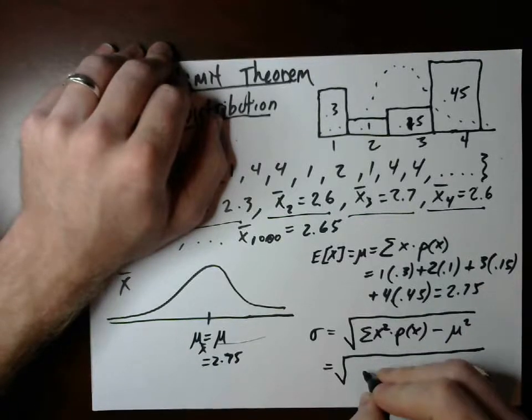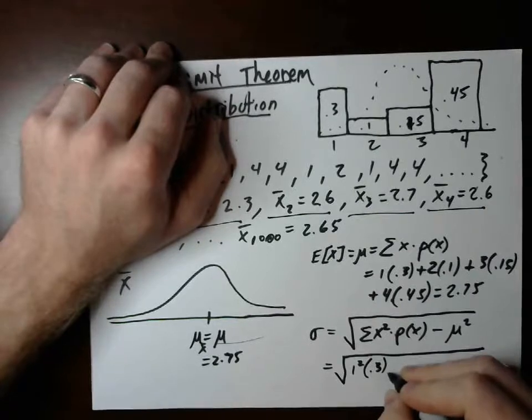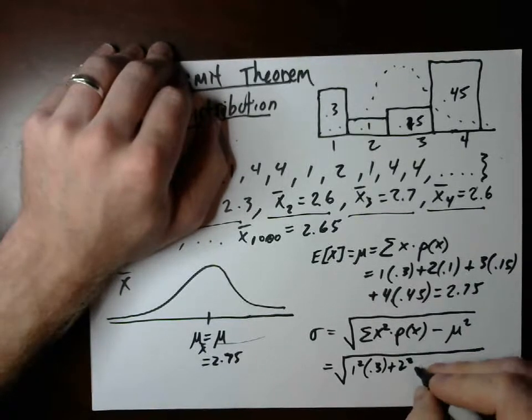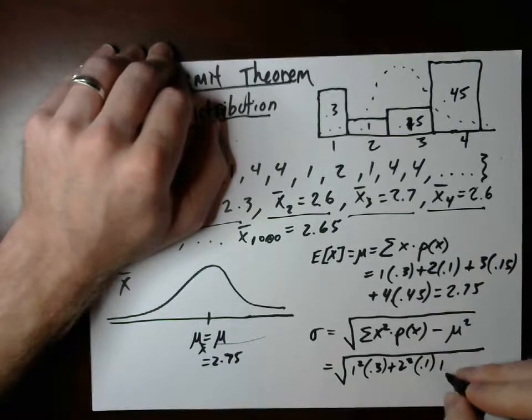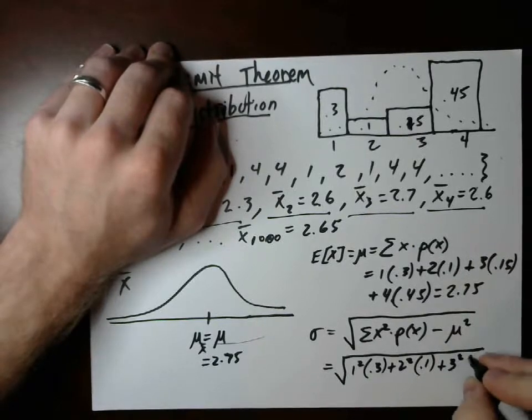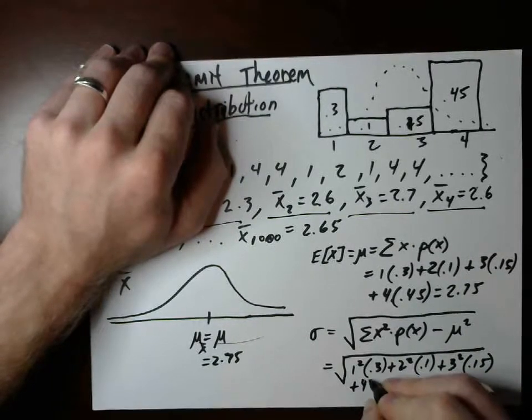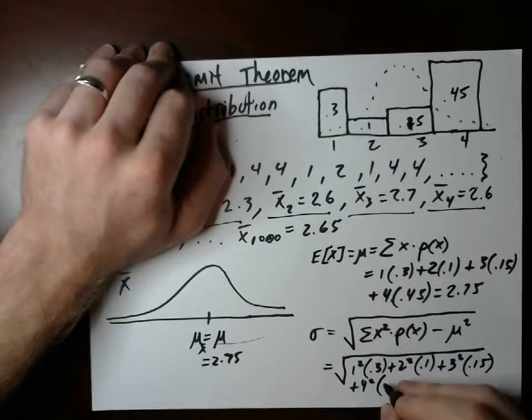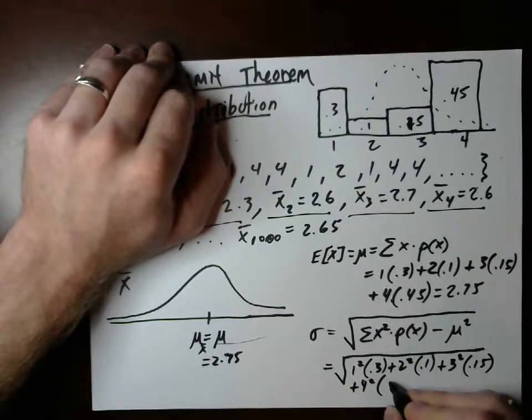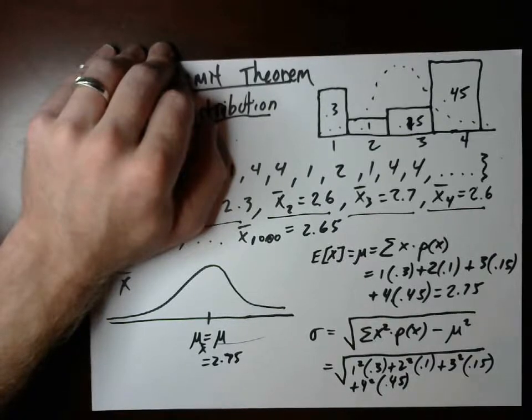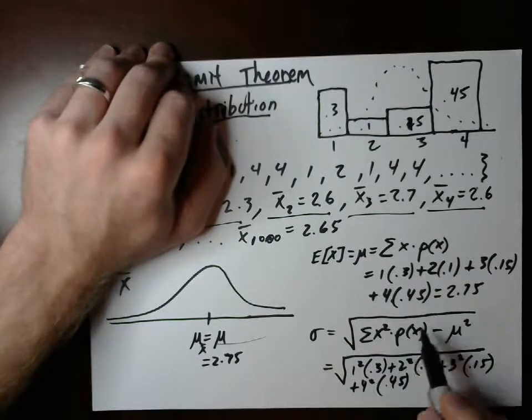So we'll have 1 squared times 0.3 plus 2 squared times 0.1 plus 3 squared times 0.15 plus 4 squared times 0.45. See how this equation is very similar to this?